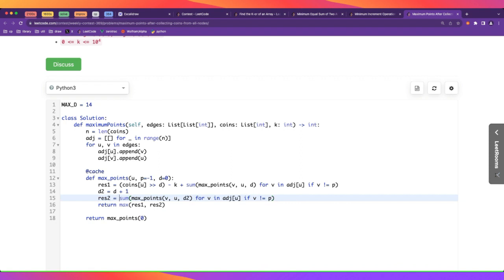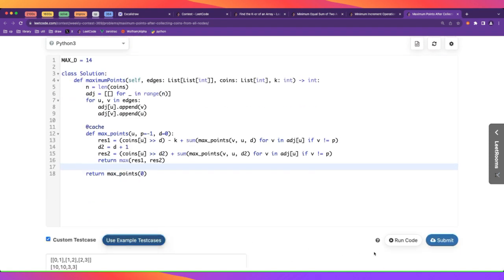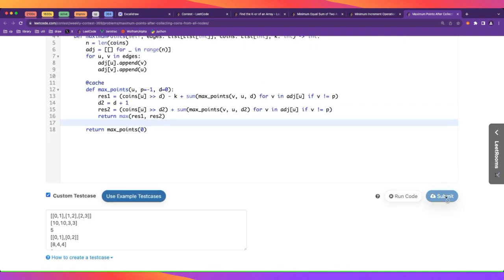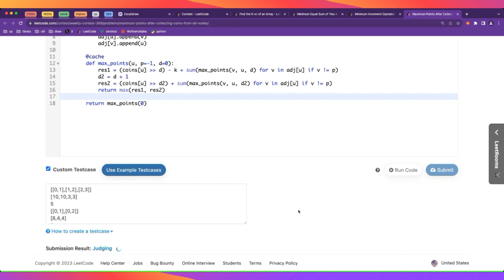And here we'll get the coins, and it doesn't depend on k, and that should be it. We get the right answers for the examples.